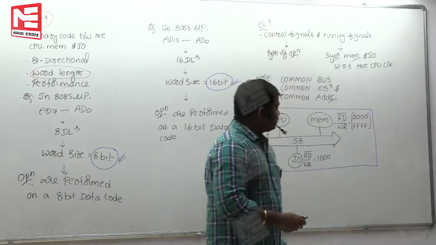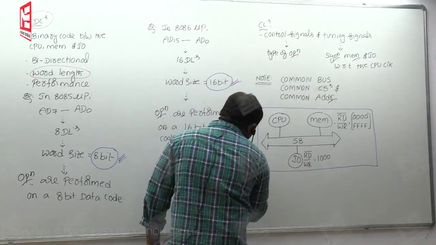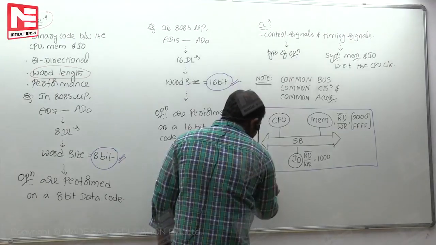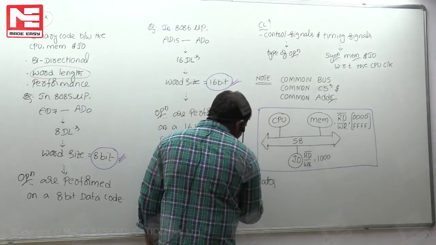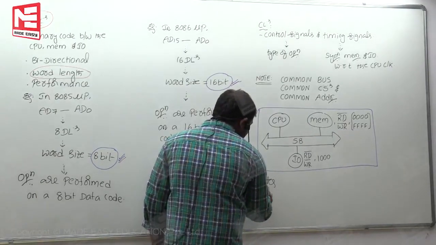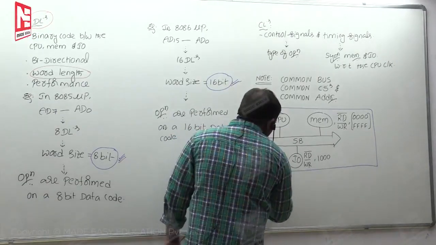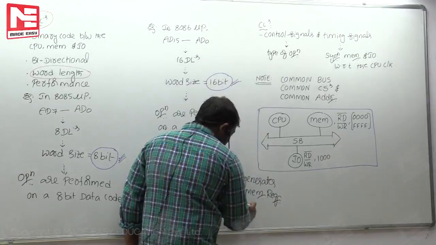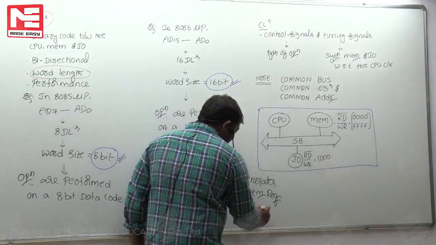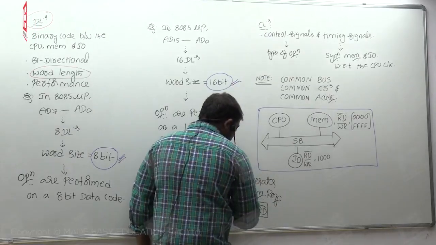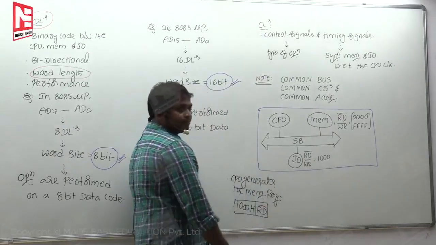Okay, see this. Suppose the CPU generates a request. Memory request means the CPU is going to perform a memory operation. Suppose 1000H RD bar means reading the data from the memory whose address is 1000.